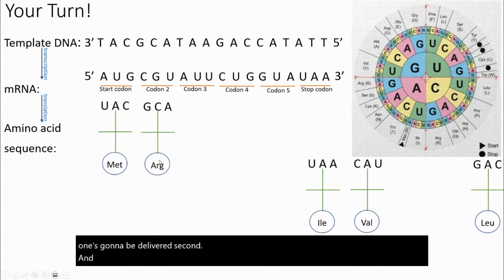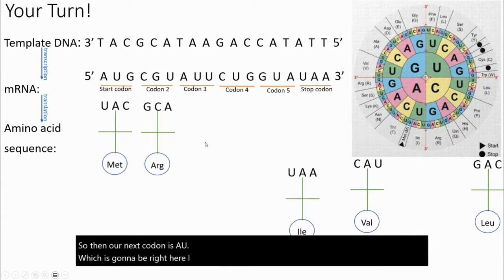And notice the anticodon of that tRNA is going to be complementary to our actual codon. So then our next codon is AUU, which is going to be right here. ILE stands for isoleucine. There it goes.